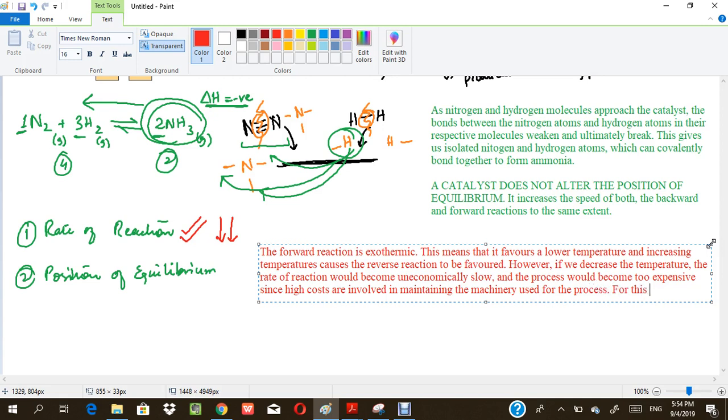For this reason, a temperature of 450 degrees Celsius is used despite being relatively high, as a compromise temperature.